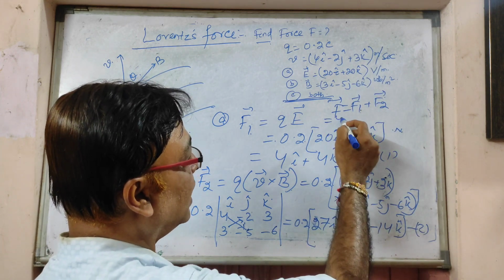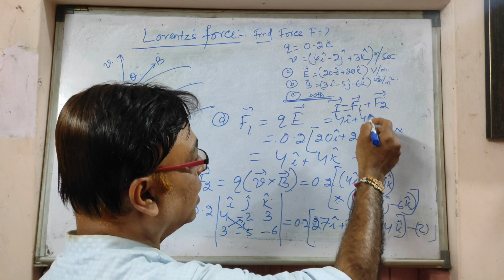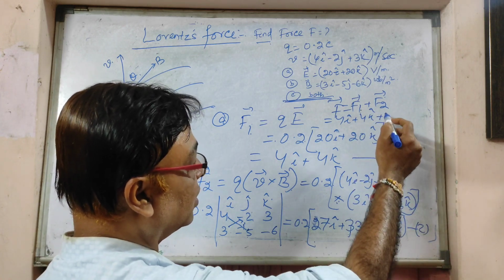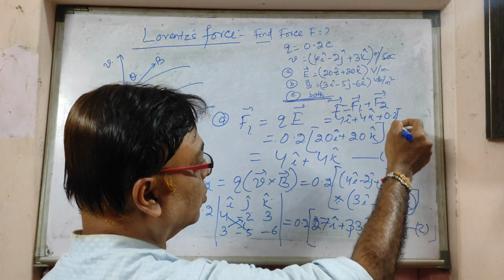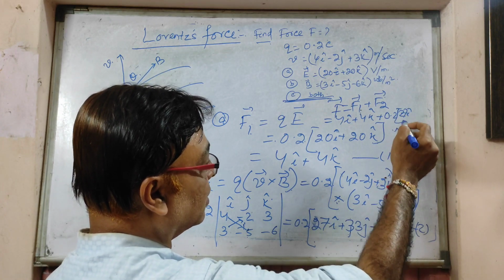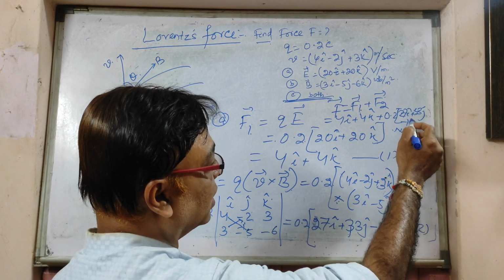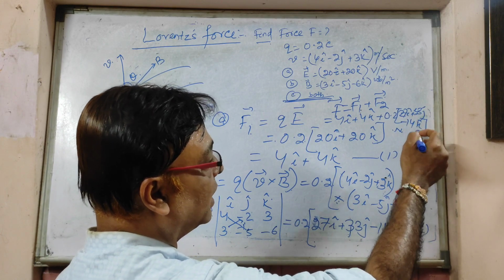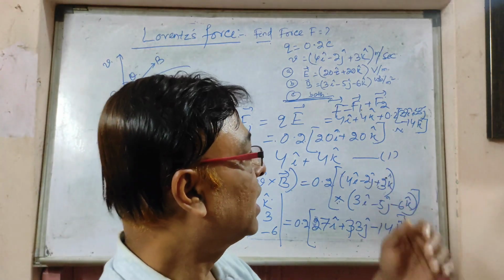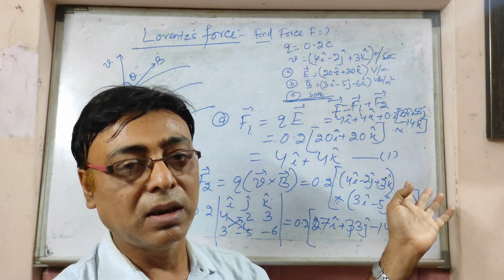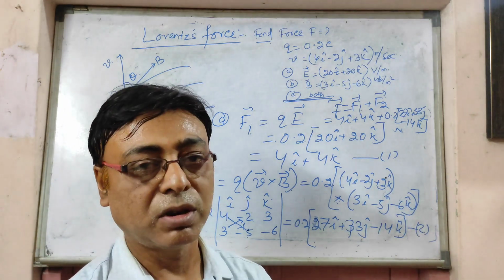So it is 4I plus 4K plus 0.2 into 27I plus 33J minus 14K. If you find the resultant, we get it in vector form, and if you take the magnitude, it will give the magnitude in Newtons.